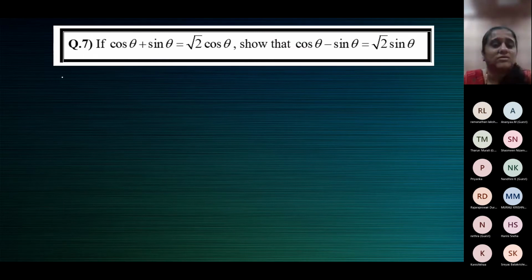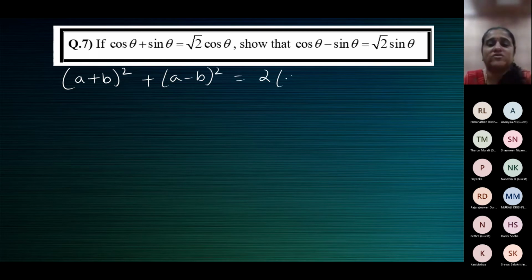So this one can be worked using the identity A plus B the whole square plus A minus B the whole square is equal to 2 of A square plus B square. So this is an identity that will connect the expressions given here.